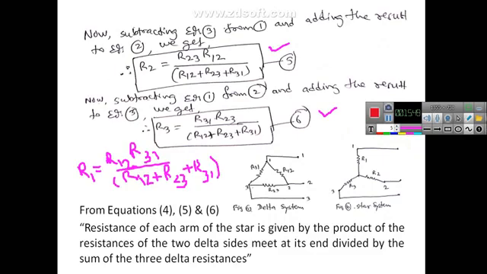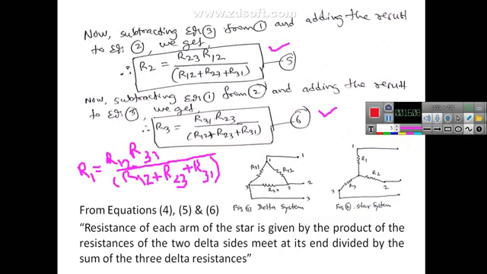That is the equation for R1 which you have derived in the previous slide. Similarly, R2 is equal to R23 into R12 divided by the same term. So just look into this transformation, delta into star.